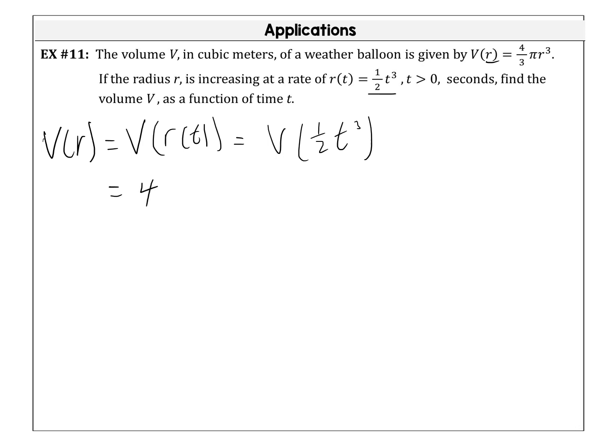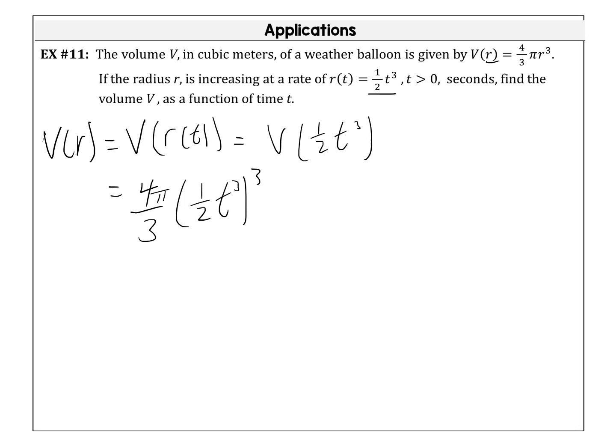So we have 4 pi thirds, parenthesis, 1/2 t cubed is my whole entire input to the third power. Okay, remember when you have a power outside of parentheses, that power is going to apply to each factor inside of the parentheses.